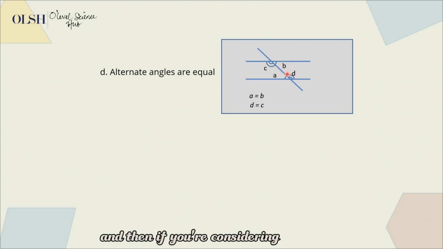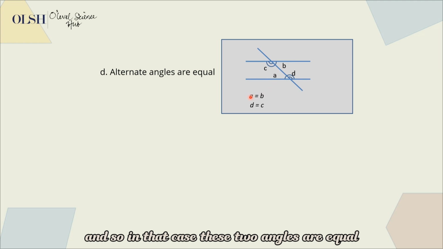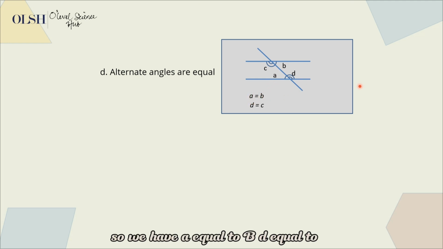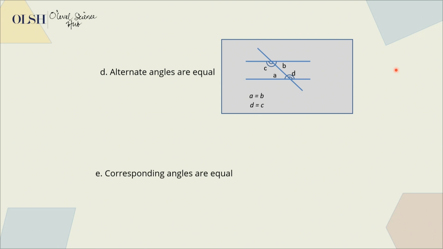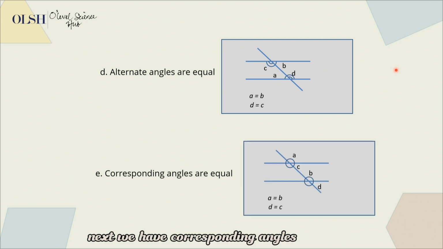And then if you're considering this shape, we have this as an interior angle and this as an interior angle, and so in that case these two angles are equal. So we have A equal to B, D equal to C. So two important things to look out for: parallel lines and the transversal, and then the Z shape. Next, we have corresponding angles are equal.